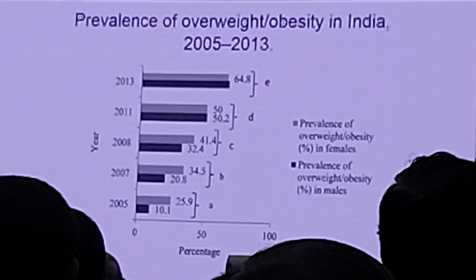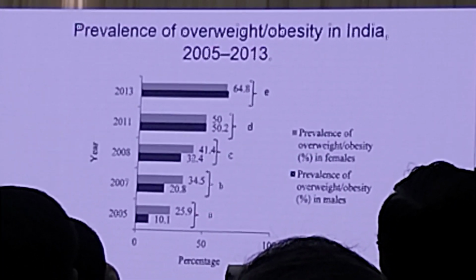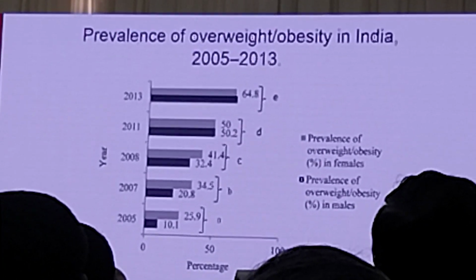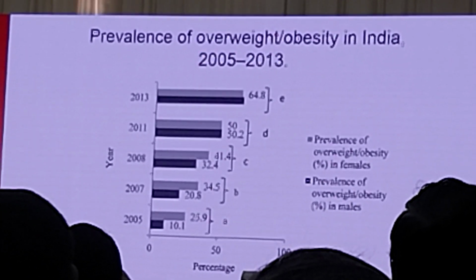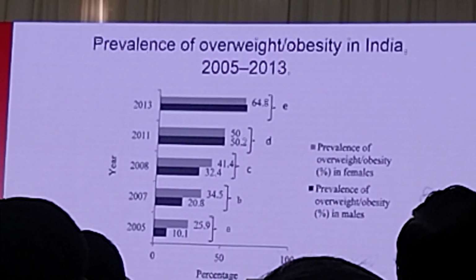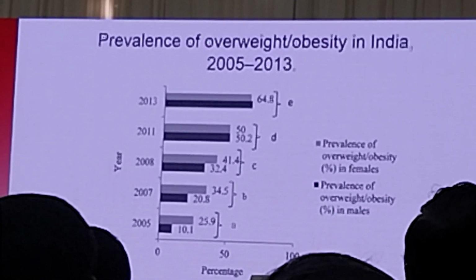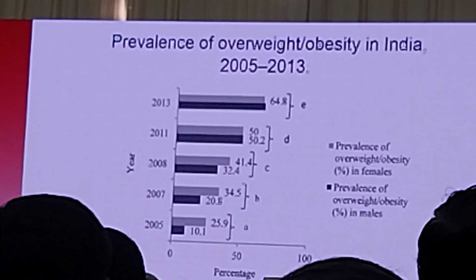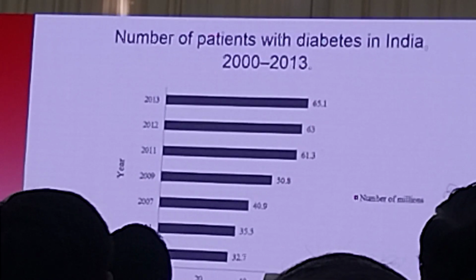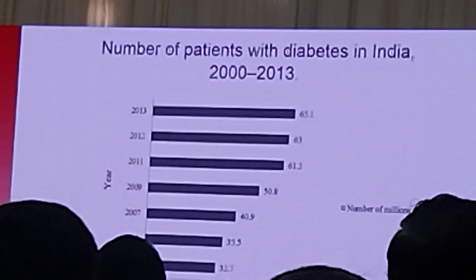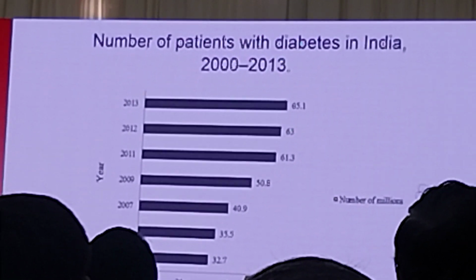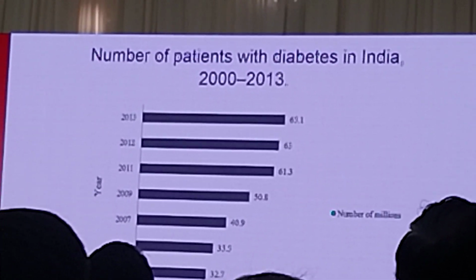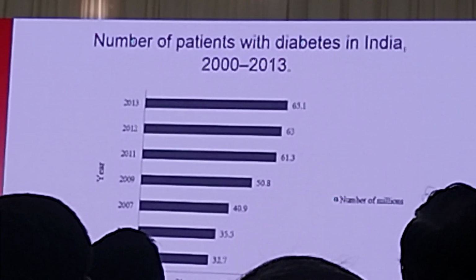Obesity and diabetes in India, if you see, from 2005 to 2013, from 10% male and 25% female, it increased to 65% obesity and overweight in India, just in 10 years. And if you see another slide, from 2000, from 32 million to almost 70 million diabetics in India in 12 to 13 years.